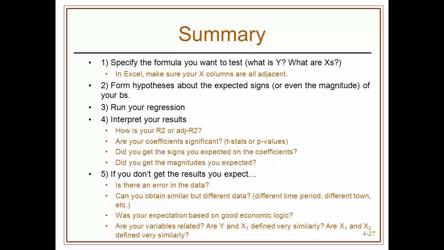Were the expectations you made, the hypotheses you made, based on sound logic? You might not have had expectations that were reasonable. There may be weird things happening if your variables are related somewhat. You may get strange results if the y variable and the x1 variable are defined really similarly. You might think about, well, I'm going to run a regression to try to predict people's height in inches.